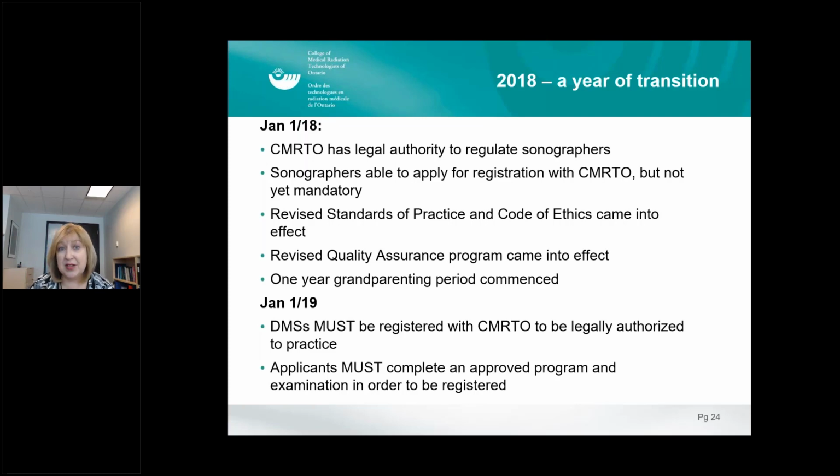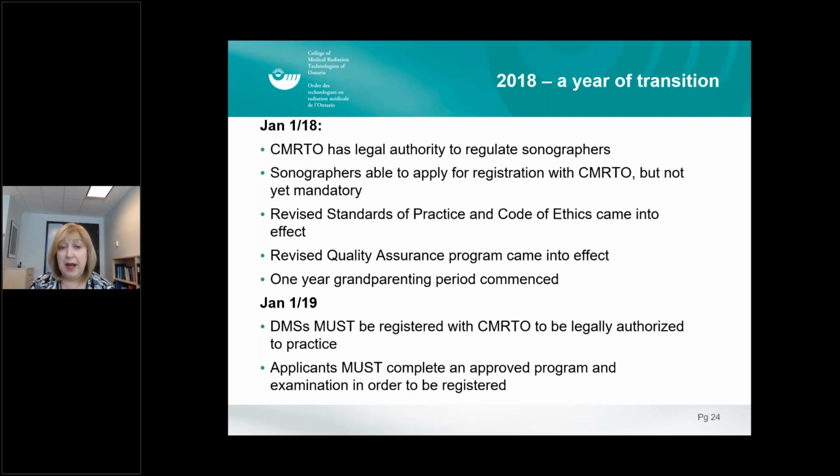We have our revised scope of practice and code of ethics and our revised quality assurance program that all came into effect on January 1, 2018. And that includes the new standards of practice to include the practice of sonographers.